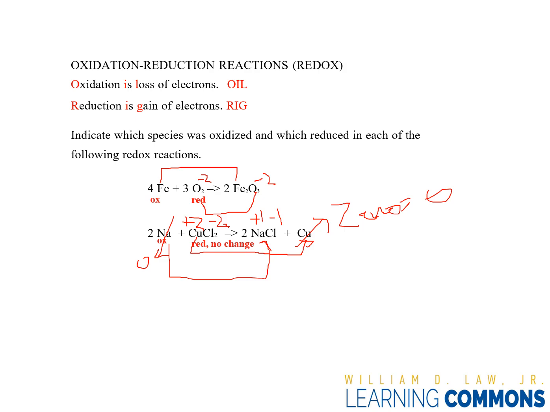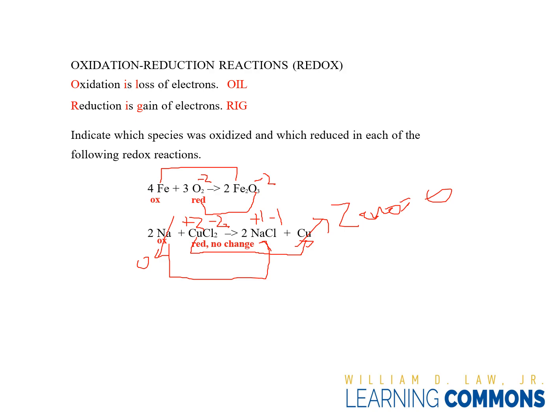And the chlorine here is -2, and he also lost one of the electrons, and he converted from -2 to -1.